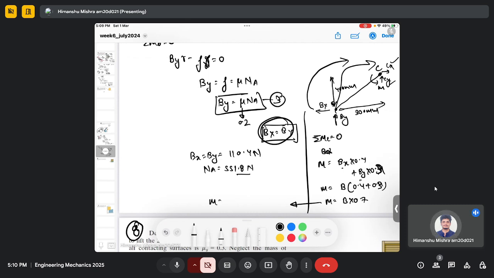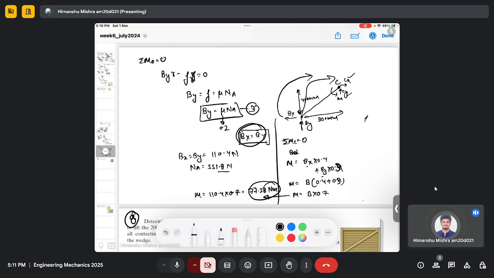So my M will be 110.4 multiplied by 0.7, so this M will be 77.28 Newton meter.